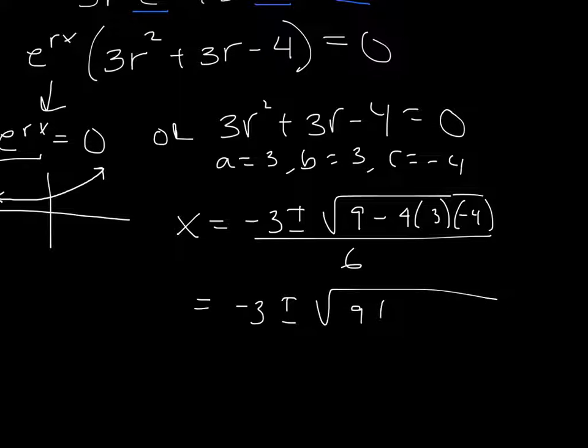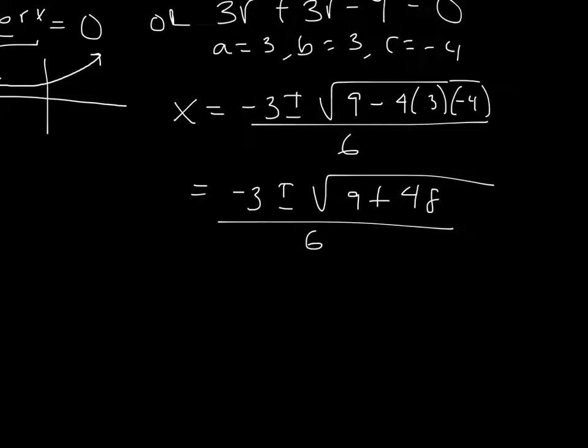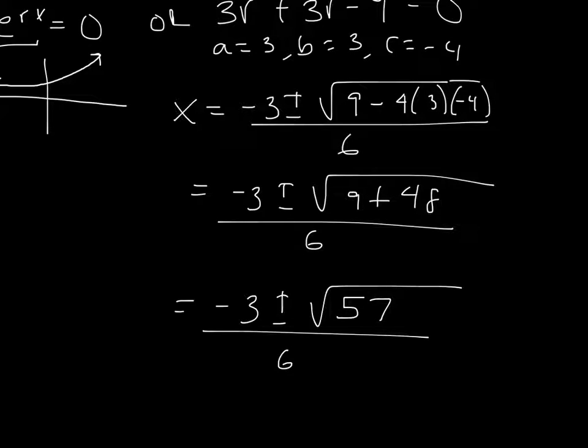It's going to be 9 plus 16 times 3, so that's 48, all over 6. We're almost done here, -3 plus or minus the square root of 57. Actually I really should say r, I wrote x, but I really should say r. So these are my two solutions. r is equal to -3 plus the square root of 57 over 6, or -3 minus the square root of 57 over 6.